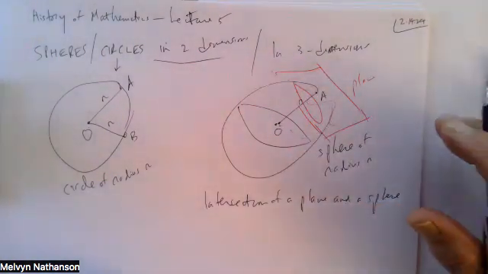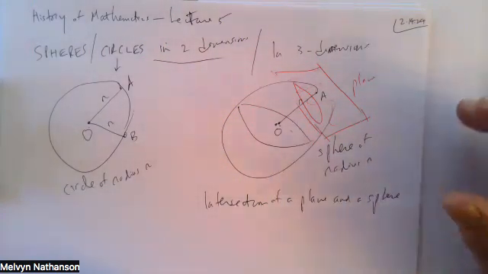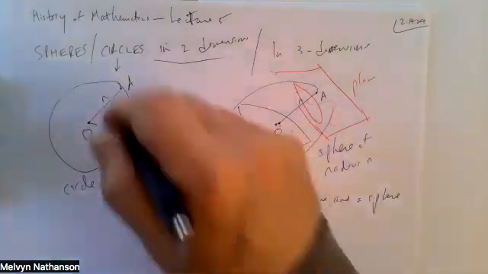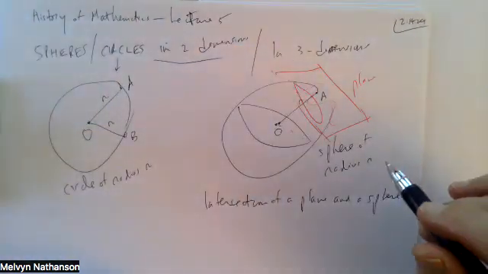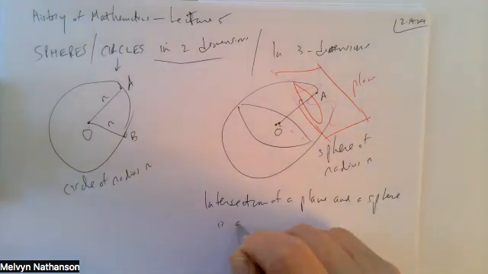Because this is always, it's just the surface of the sphere we're looking at. It's not the solid sphere, just as the circle is not the solid circle, it's just the curve around the edge. So the intersection of a plane and a sphere is a circle.